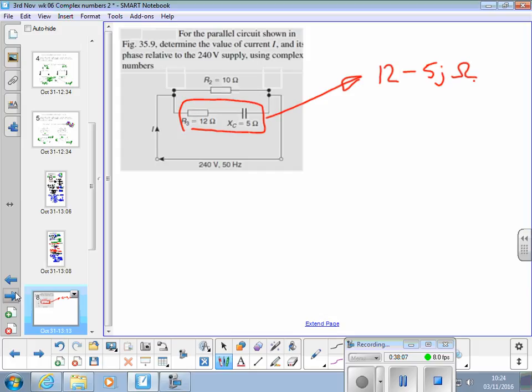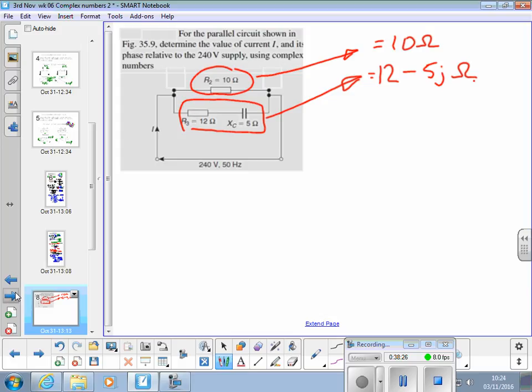We can use that bit together. That's one complex number. What about this? That's just a resistor equal to 10 ohms, with no j part.